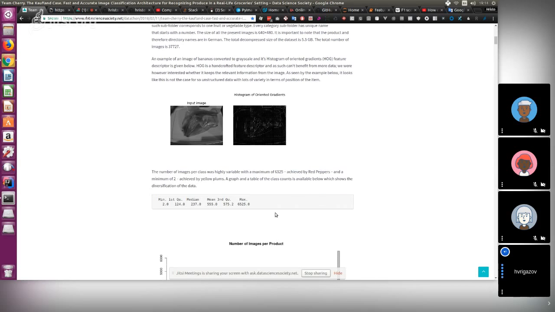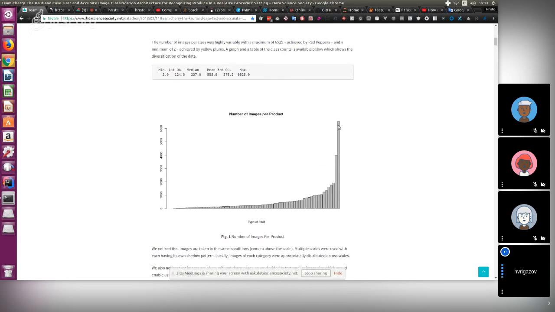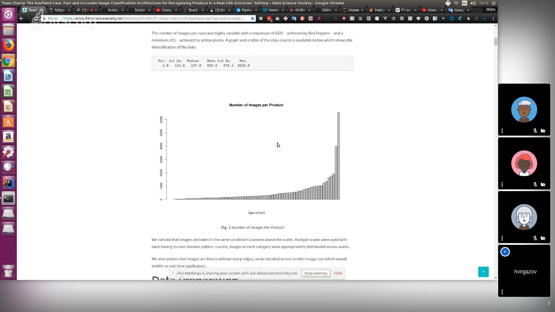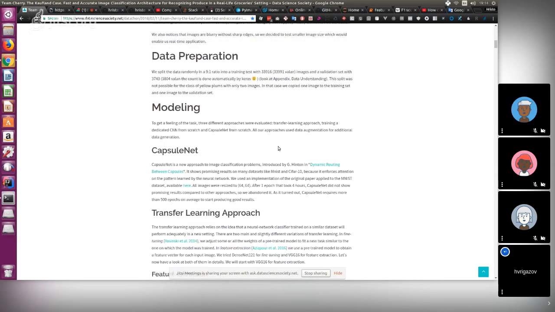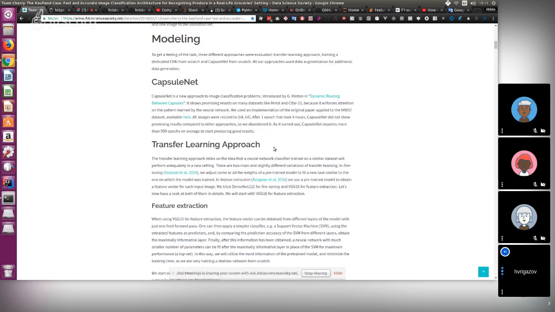So after this, this is a visualization of the counts of images per product. And yeah, after that, we had some discussions and decided on what approaches we should try.